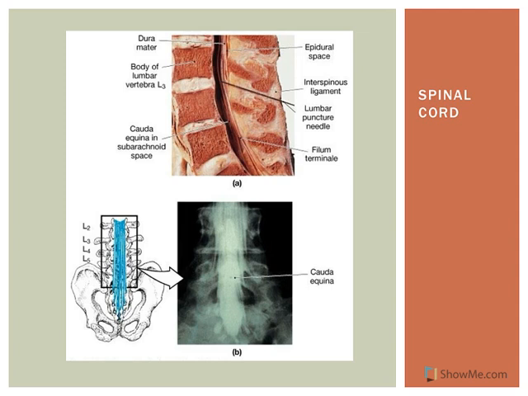So they insert the needle below the conus medullaris, typically between the third and fourth lumbar vertebra, into the subarachnoid space, so they can get some CSF. That's the importance of knowing where the spinal cord ends.